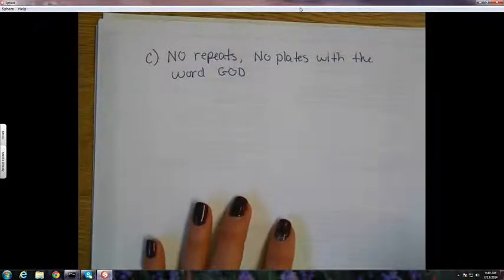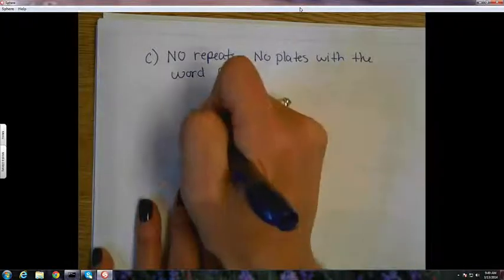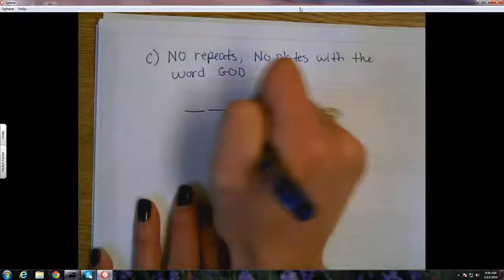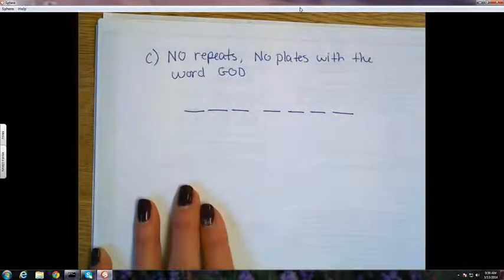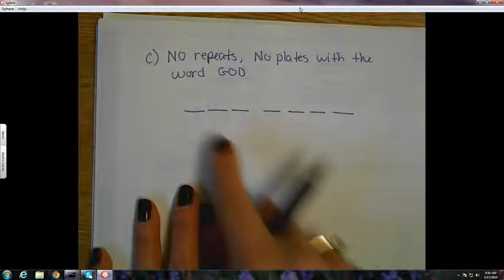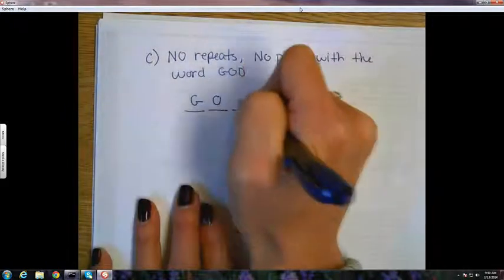Is it just one license plate that I make that has the word God? No, because all the numbers would be different. All the numbers could be different at the end. You're on the right track. I want to eliminate all of the license plates that have this happening.